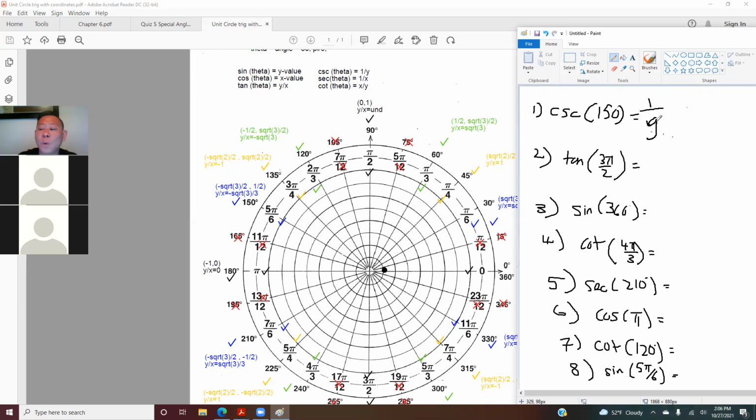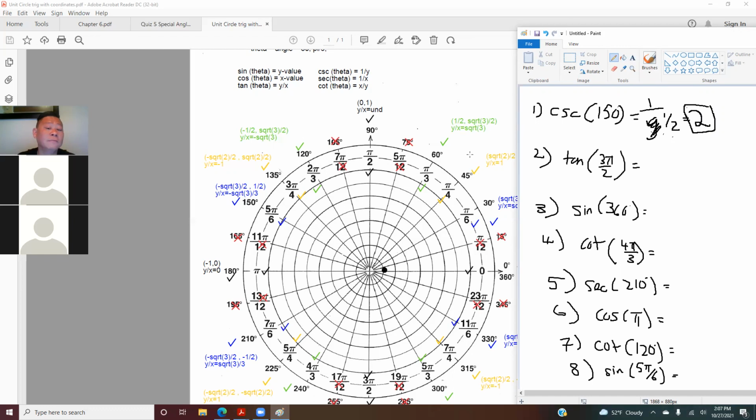Can someone tell me what the y value for 150 degrees is? 1/2. And what is 1 over 1/2? 2. So cosecant 150 degrees is 2.